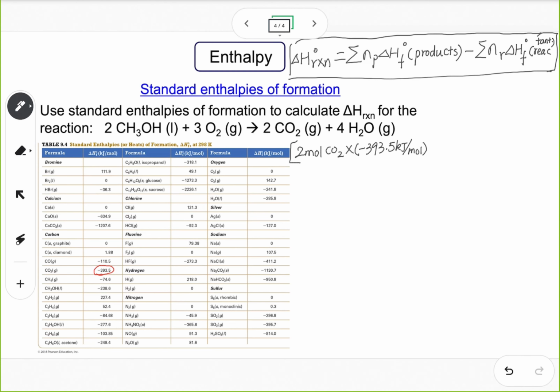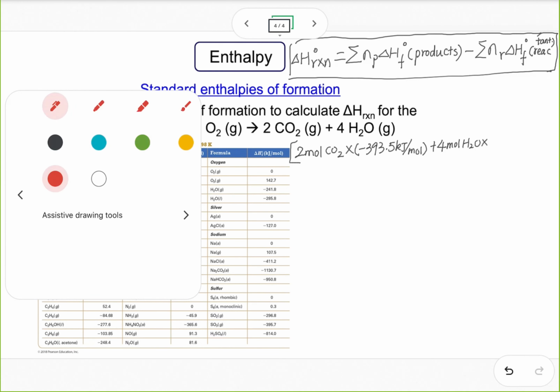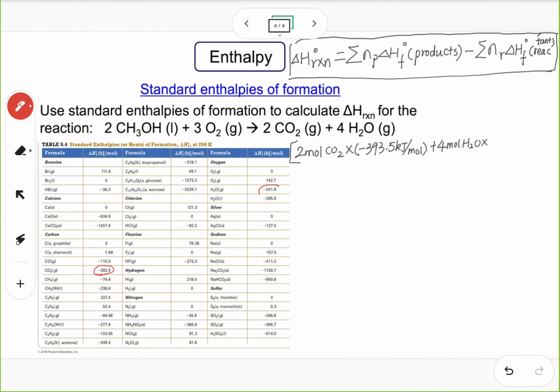Now the second product is water in gas phase. All right, here sigma means sum. Therefore, it should be a plus sign. Now you have 4 mole of water, so 4 mole of water times, for water in gas phase, again, I'll use red color, it's going to be associated with the standard enthalpy of formation of negative 241.8.